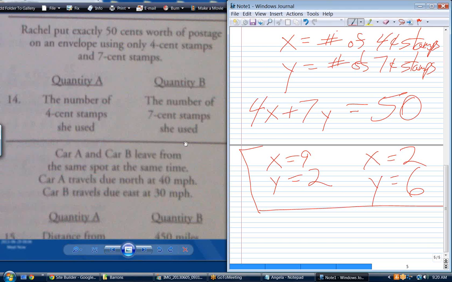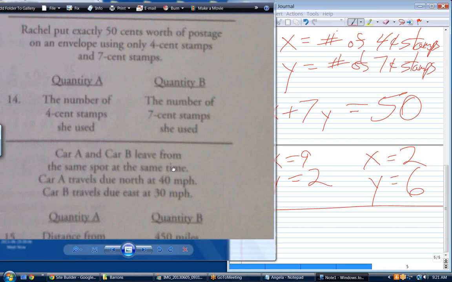It means you can't tell. The moment we get an x equal 9 or an x equal 2, it's impossible to tell which one. Even if there are more integer solutions, we don't care. Okay? All right.